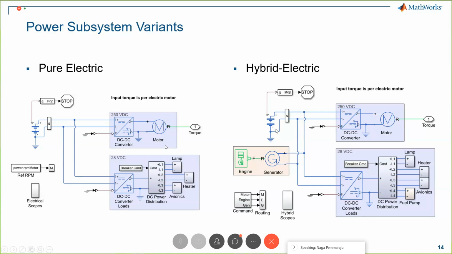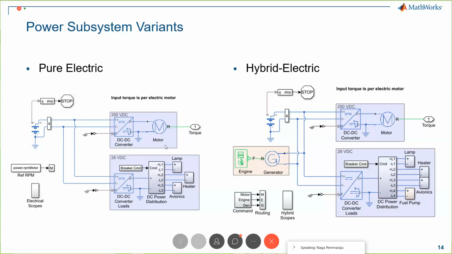So it all depends on your control strategy. When do you need to use the power coming from the motor versus when do you want the power from the engine generator? So again, these are various methodologies used in building your electrical aircraft, be it a pure electric or a hybrid electric.